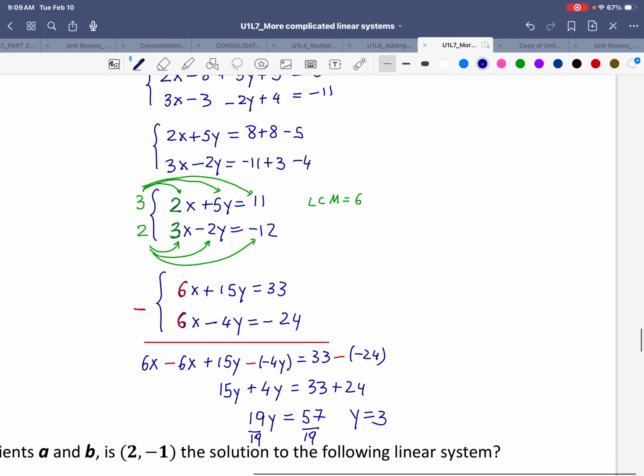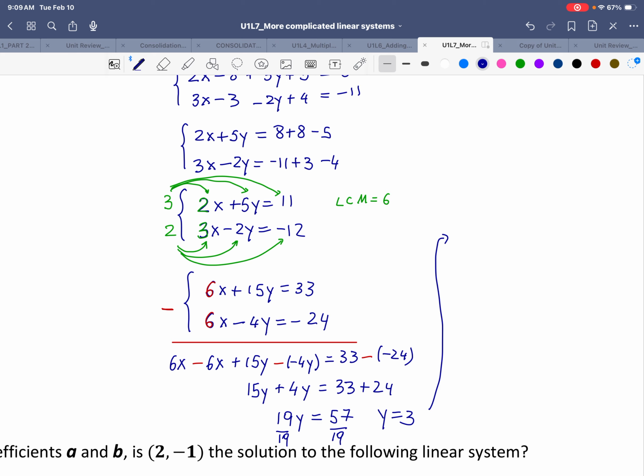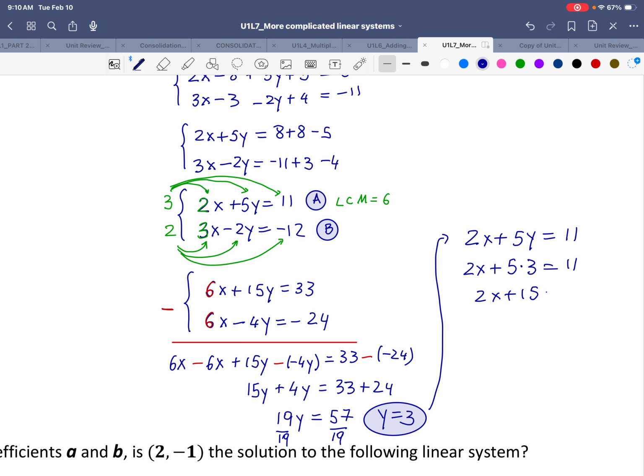So if y equals 3, that will help us find the value of x using either equation, obviously. So 2x plus 5y equals 11. I'm using the equation A. And substitute y now by 3. 2x plus 15 equals 11. 2x equals 11 minus 15 or negative 4, which makes x equal to negative 4 over 2 or negative 2.